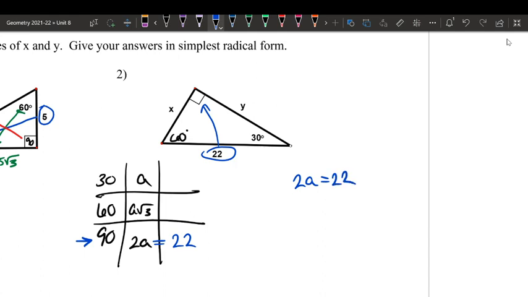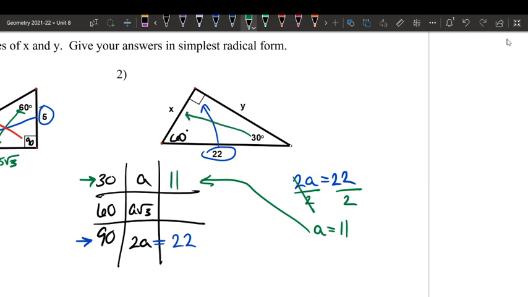2A equals 22. And I can use that to solve for A by dividing by 2. So A equals 11. And once I find A, I can plug it in to my grid for A. It's 11. And I see that goes with 30 degrees, so that means it's the short leg of the triangle. Across from 30 is the short leg.